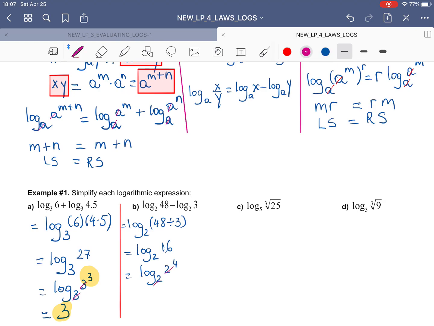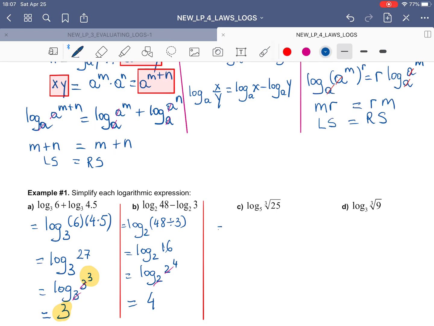And according to the second property of logs, that would equal simply 4. Next question. We have log with base 5 of the third root of 25.